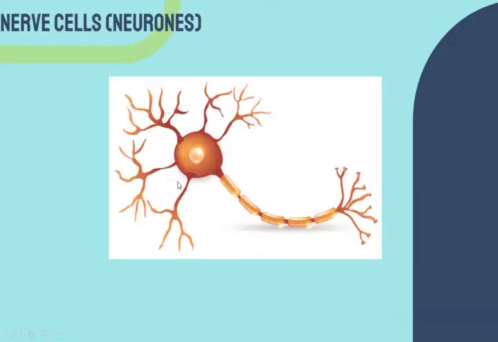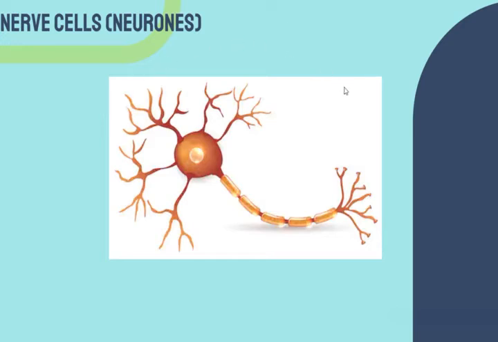Alright, so let's go to the neurons or nerve cells. Now we are going to learn the structures of nerve cell, or in other words, neurons. Neurons is the other name for the nerve cells.